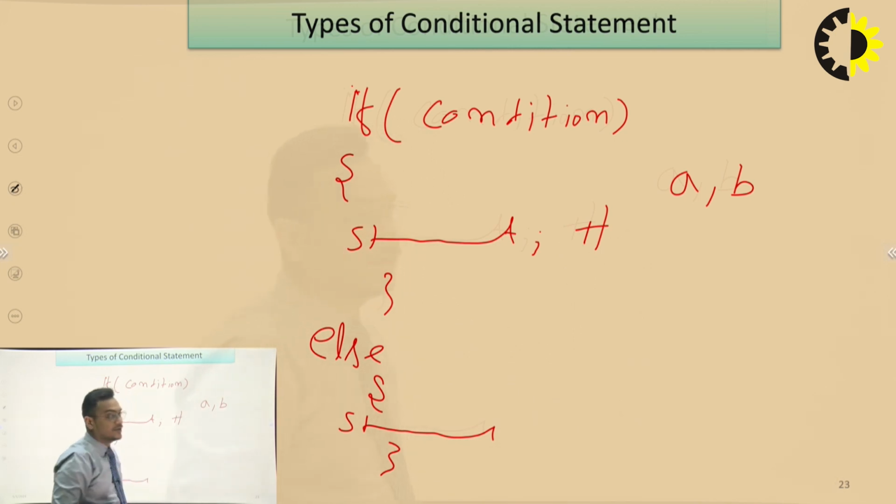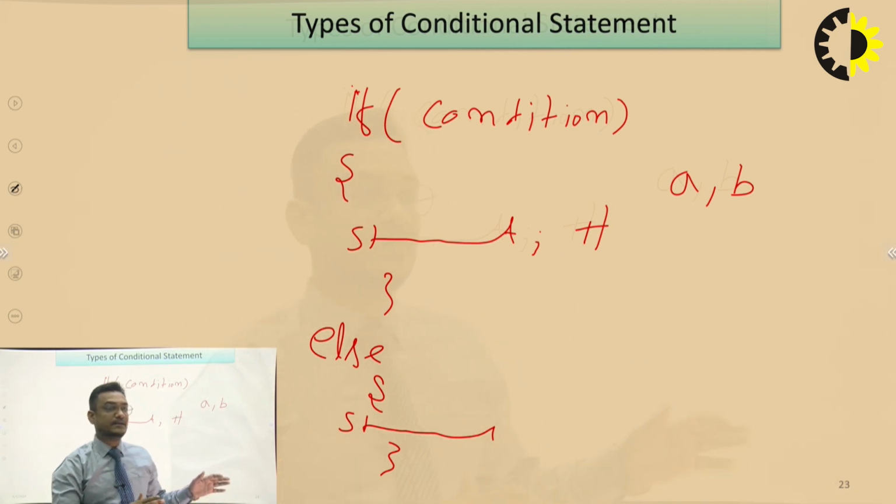How to write this program? #include stdio.h, #include conio.h, void main, then curly braces open.